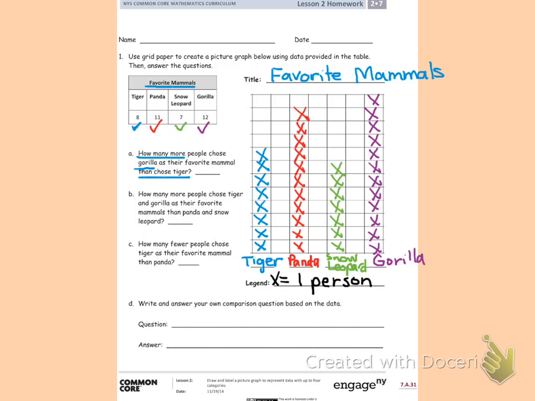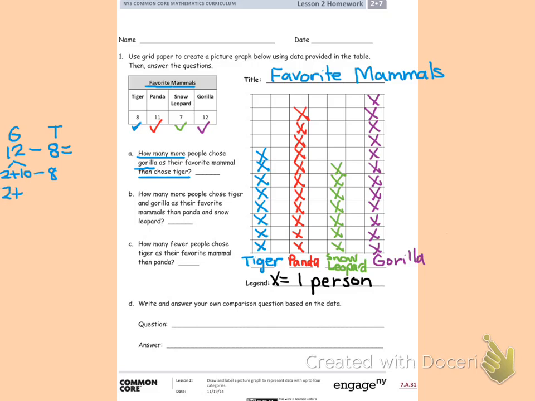So we'll go ahead and write G for gorilla and put the number 12 down and the subtraction sign, and then I'll write T for tiger and write the number 8 down. Now I'll solve. 12 is the same thing as 2 plus 10, and then I'll subtract the 8 from it.